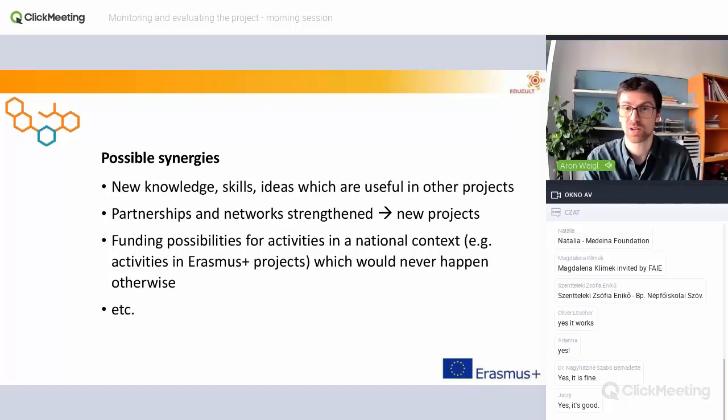Your networks can be strengthened. And another possible synergy is that you can use funding programs which you could not in a national context. For sure, that is often a reason why people do international cooperation projects.